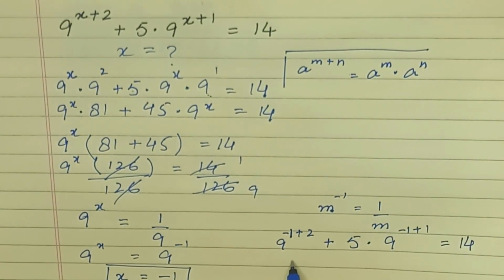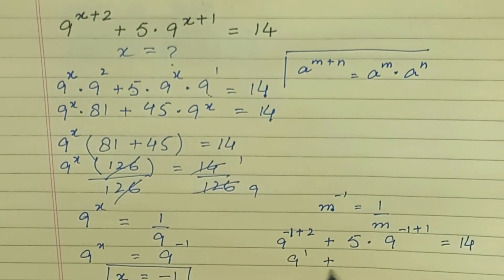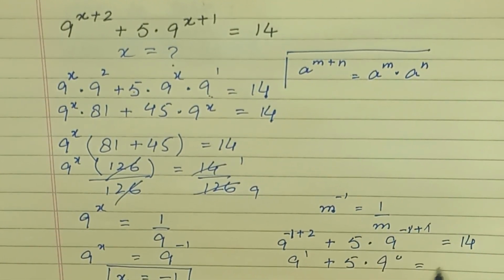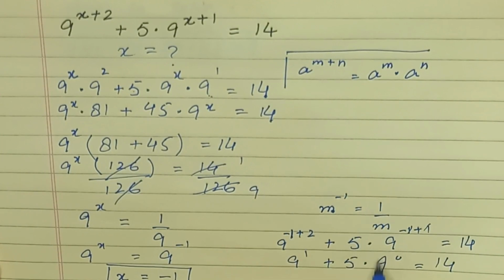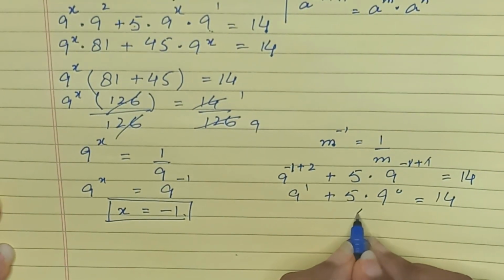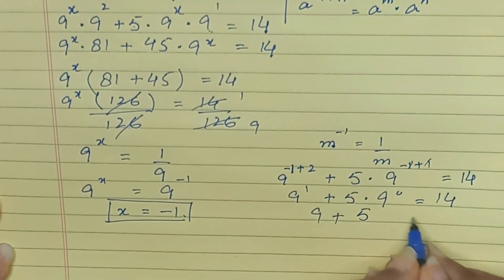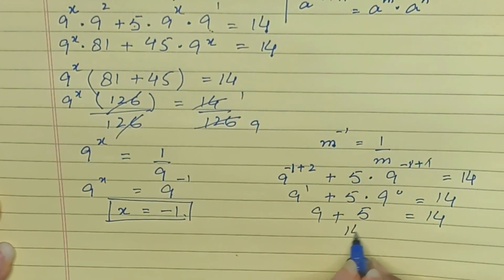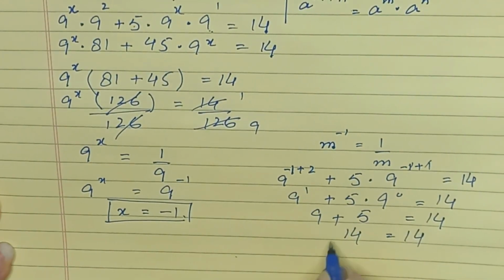So it will become 9 raised to the power 1 plus 5 into 9 raised to the power 0, which is equal to 14. So 9 raised to the power 0 will be equal to 1, and 1 into 5 is 5 plus 9, which is equal to 14. So 9 plus 5 is equal to 14, and it is equal to 14.